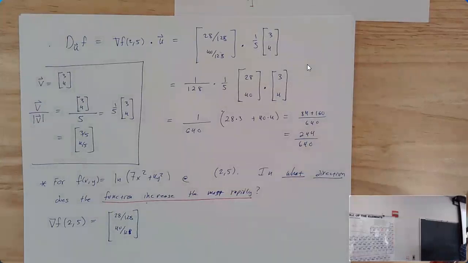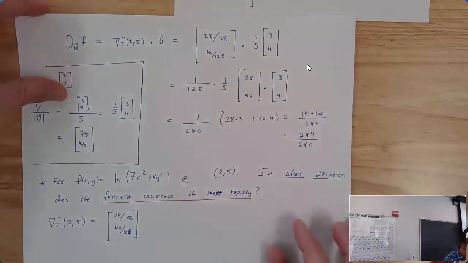So whenever someone says, what direction does the whatever do the whatever, your answer should be a vector of length 1, a unit vector. So if you have a vector that isn't length 1, or even if you're not sure if it's length 1, all we have to do to that vector is divide it by its own magnitude. Now, I'm going to show you how this one's terrible, and then I'm going to show you how to make it easier. So let's check this out.